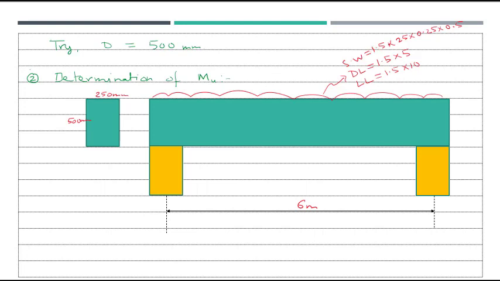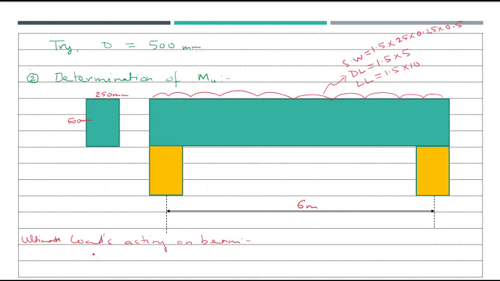Now I have to multiply this with 1.5 so that I get the ultimate load which is going to act on the beam, because as per limit state method, for flexure we are going to design the beam for the ultimate load. So let me write the ultimate loads acting on the beam.